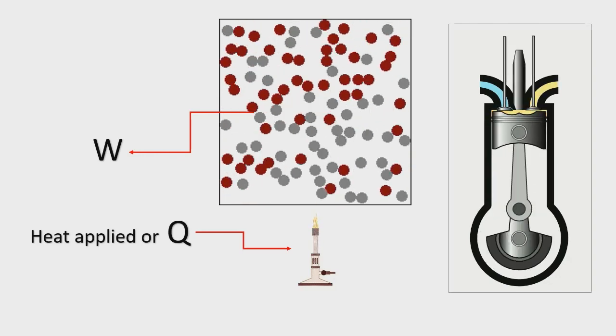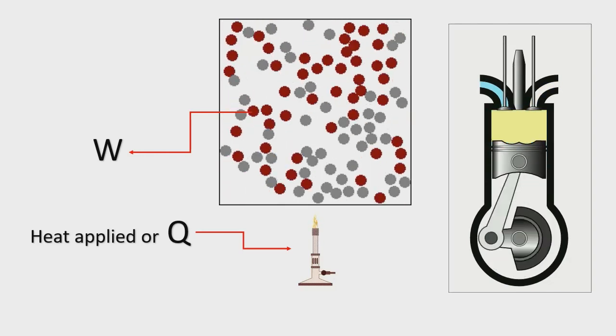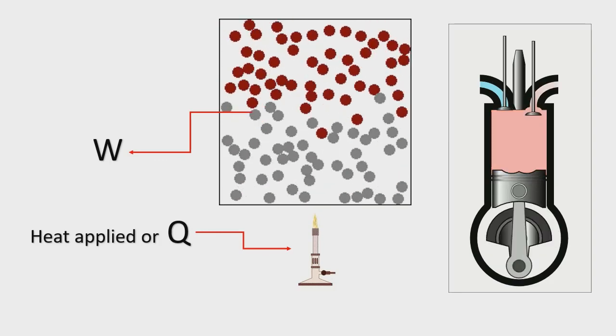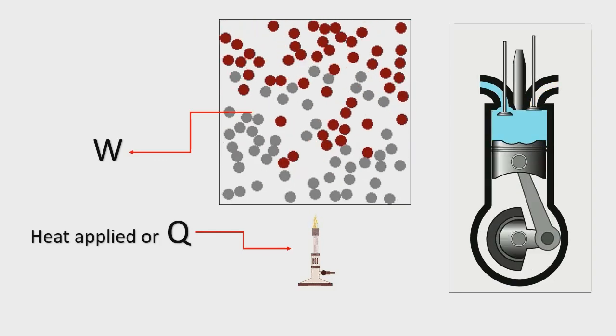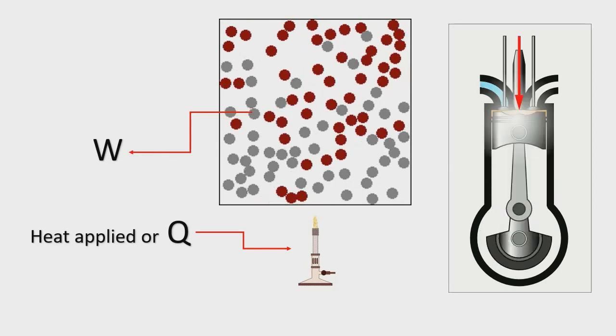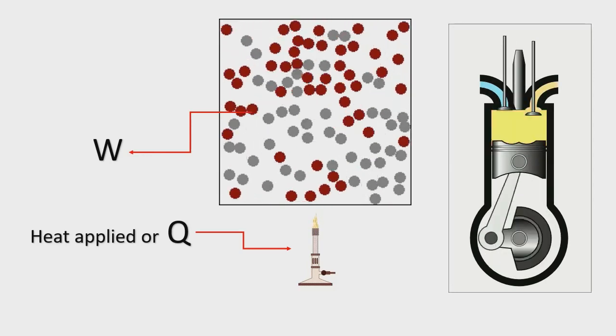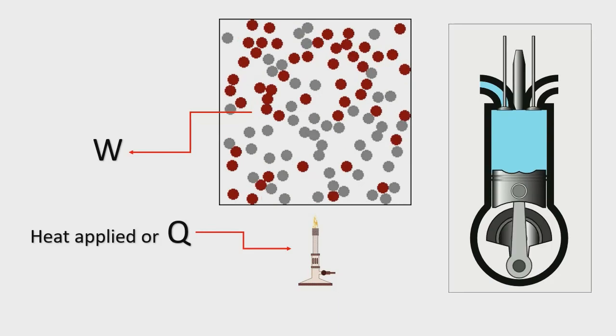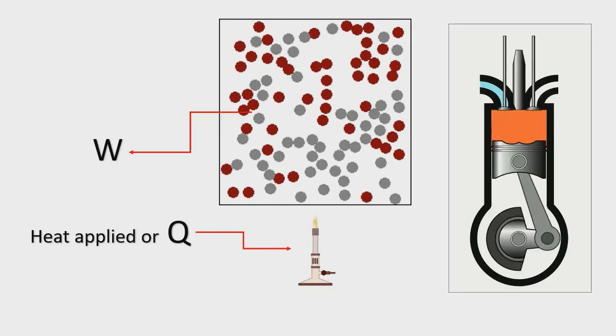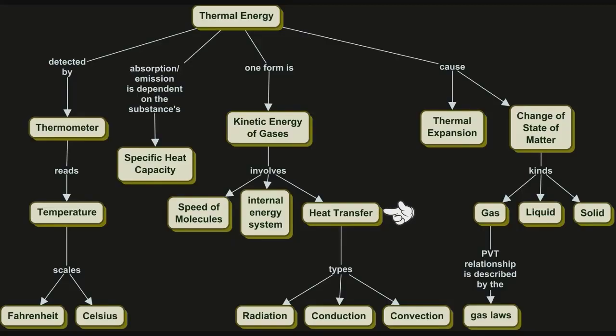This is how engine combustion works. Fuel is atomized and ignited to produce a high-pressure gas, which makes the piston move back and forth inside an engine, thus driving the vehicle. Heat transfer is also involved in the kinetic energy of gas. The types of heat transfer are radiation, conduction, and convection.